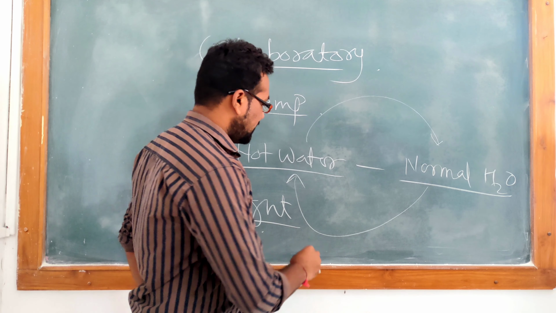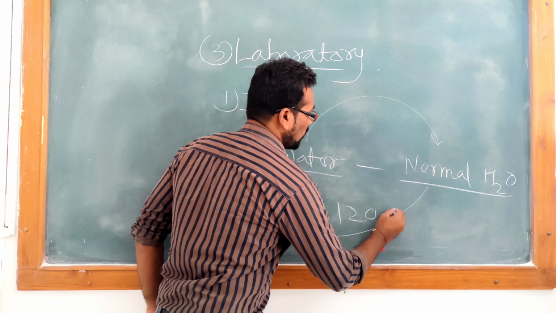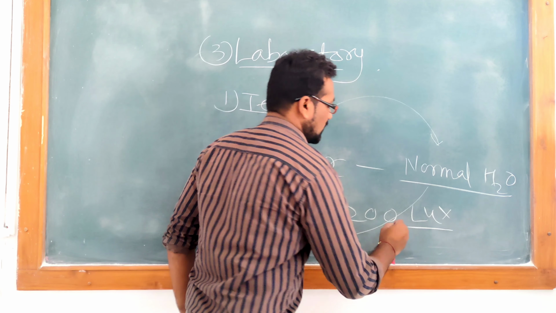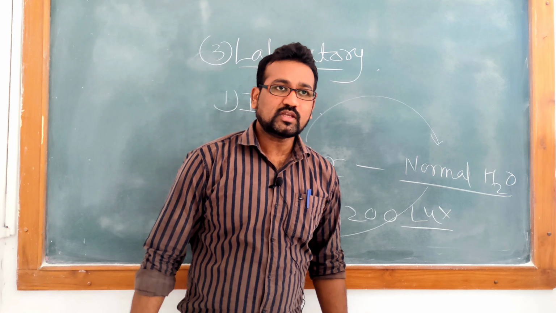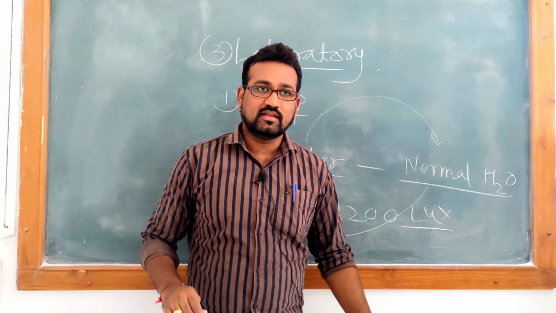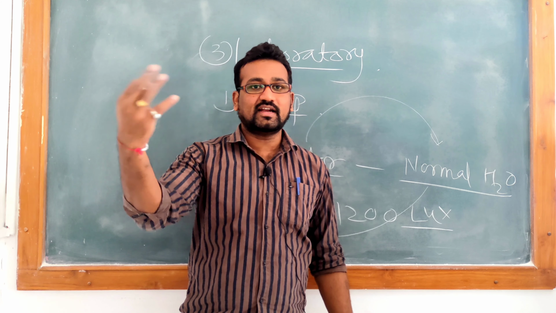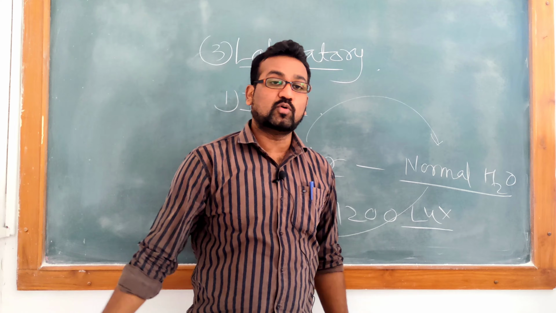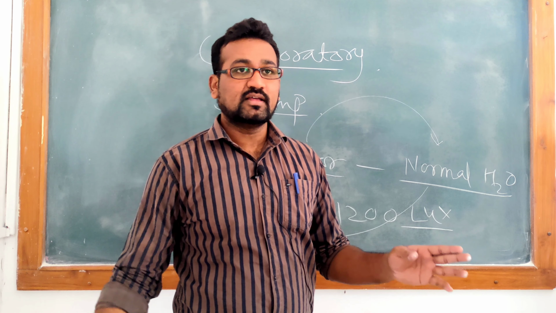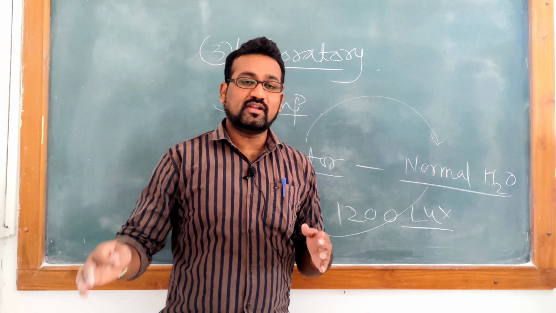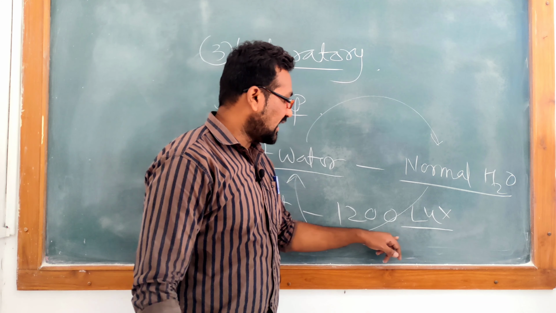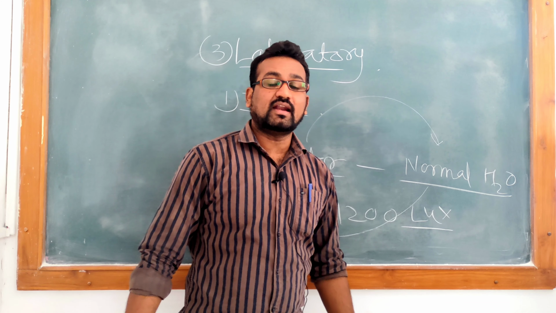If you use light of more than 1200 lux with different wavelengths, for example if light is almost 600 nanometer wavelength, it is red light. If light is almost 400 nanometer wavelength, it is blue light. Fluctuate the light between different wavelengths, but remember, keep the light intensity around 1200 lux.